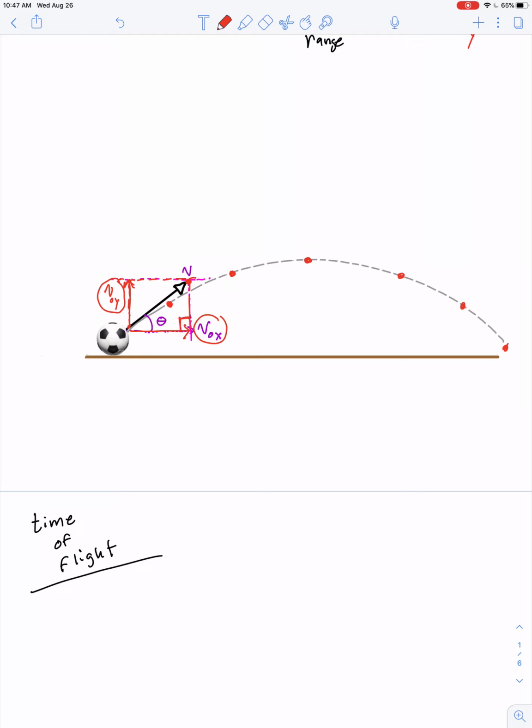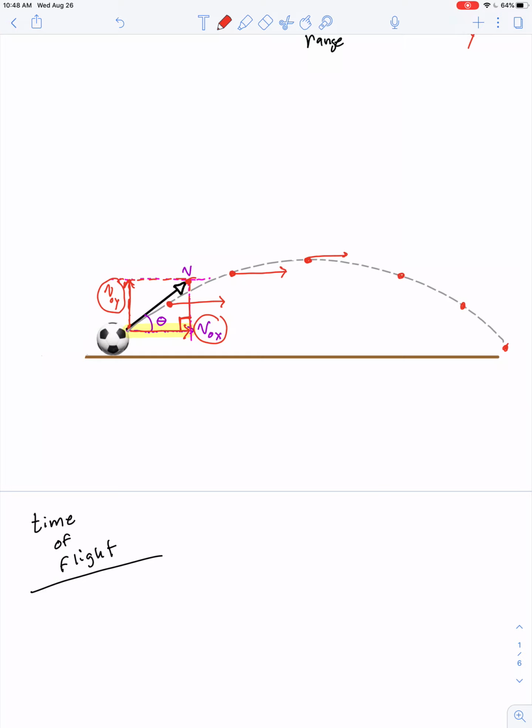Okay, so the length of this horizontal component of the velocity is unchanged throughout the entire flight, simply because there is no acceleration, there are no forces to produce an acceleration along the x-axis. Of course, again, we're ignoring air resistance. If there were air resistance, that vector would be getting shorter and shorter along the way.